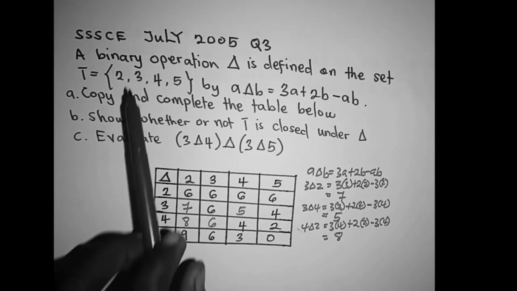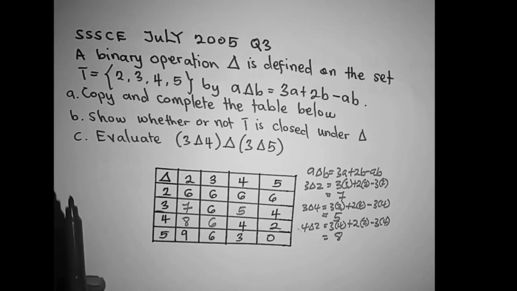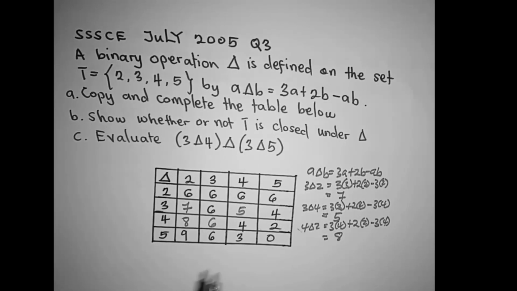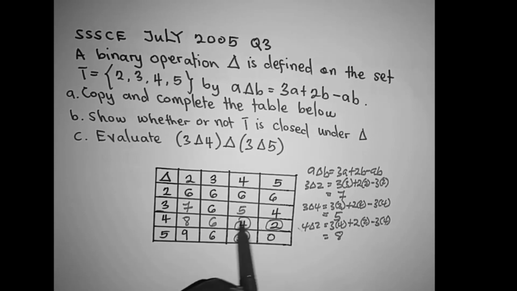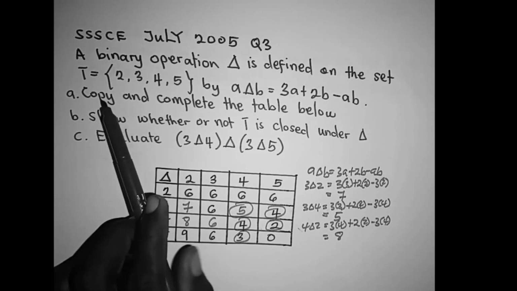You see that when we look through, the only members of T are 2, 3, 4, and 5. So if we look here, we have 2, 3, 4, and then 5. But these are the only members of T.